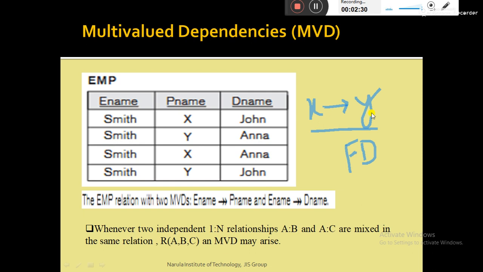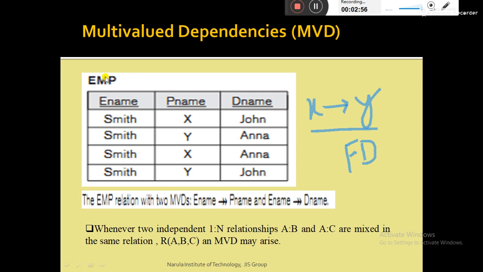So X arrow Y means Y is functionally dependent on X, or we can say that X functionally determines Y. Now in most of the cases, in every relation, we find FD exists, means functional dependency exists in most relations. But in some cases, there are relations that don't have any functional dependency.